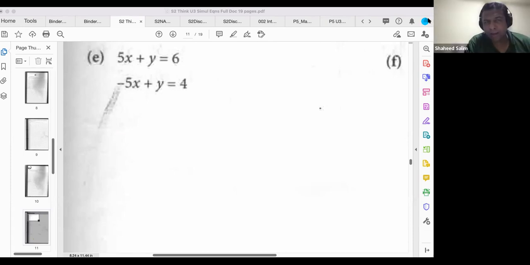You will find Y is a whole number, X is a decimal or fraction.